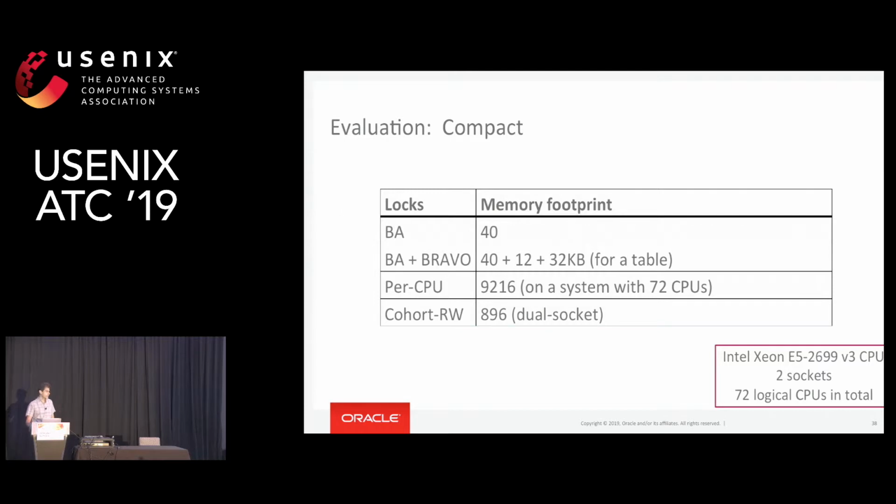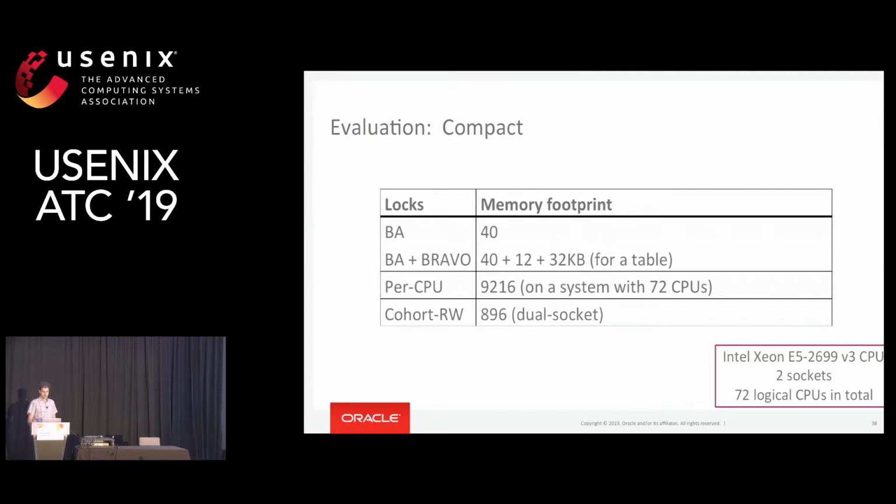Now, this slide shows the memory requirements for Bravo, taking the BA lock as an example. The BA lock requires just 40 bytes for its 4 pointers and 2 integer fields. Bravo adds 2 fields, which conservatively require at most 12 bytes, even though, as I mentioned before, those two new fields can be collocated and use even less memory.